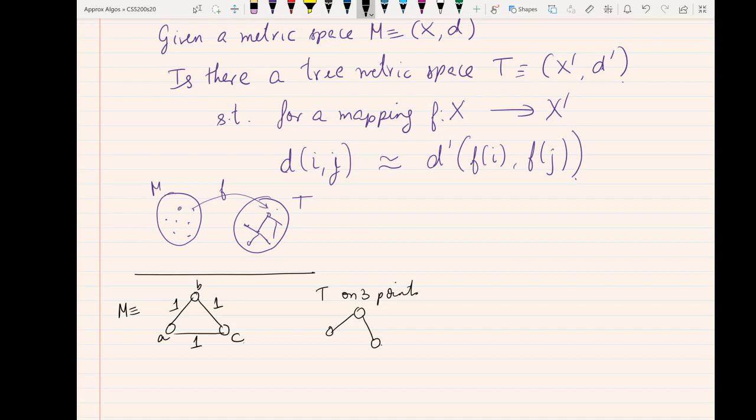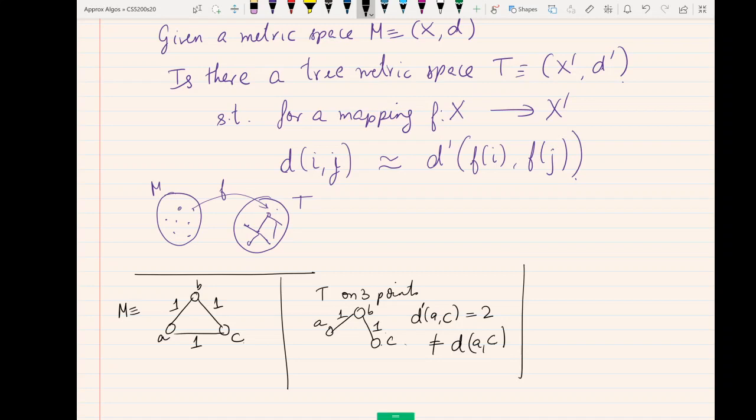And if you want to reproduce, however I label it, say I label it A, B, and C, and I want to keep this distance as 1 and this distance as 1, in this tree we have distance between AC equal to 2, which is not equal to the distance in the original metric space between A and C. It looks like you cannot find a tree that reproduces the distances exactly. At least not, but there's a small thing that you can do.